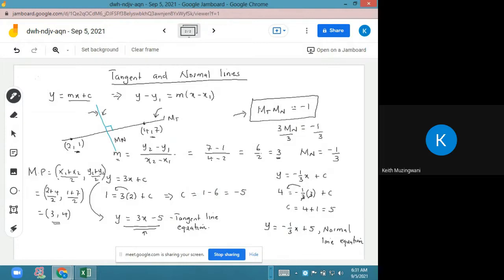We solve for x. So say y plus 5 is equal to 3x, divided by 3. So the inverse, we have y plus 5 over 3.